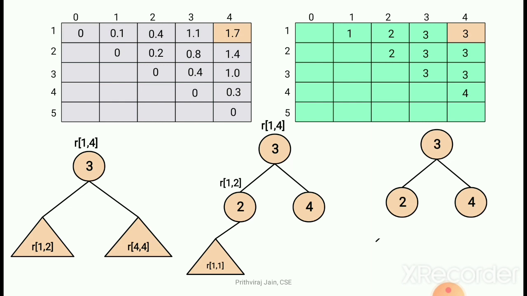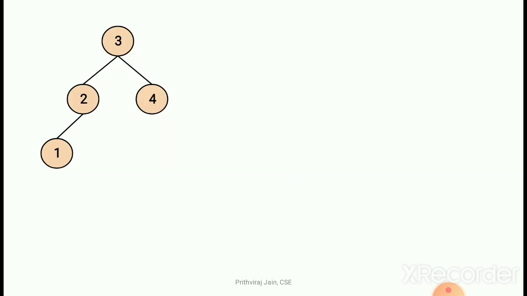Then we write the value for r of 1 comma 1. So r of 1 comma 1 is 1. So this is our binary search tree that we have constructed based on this root table. But in our question the keys are given as a, b, c, d, so we convert these numbers into characters.